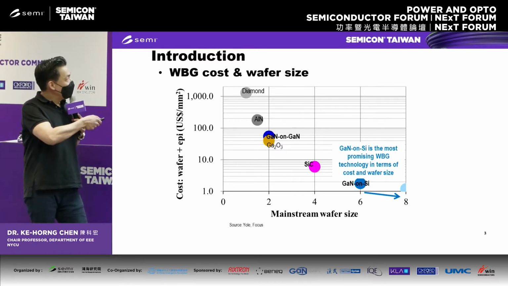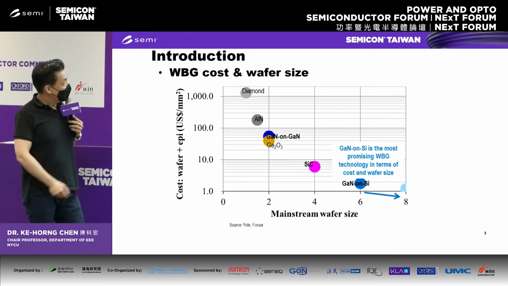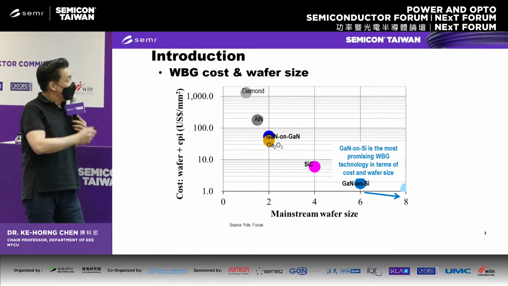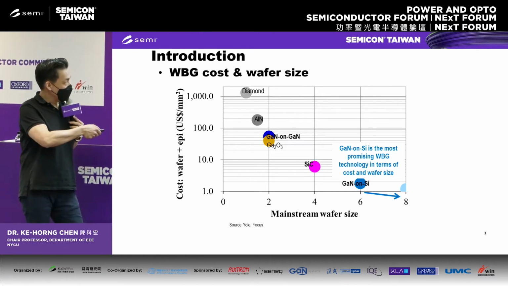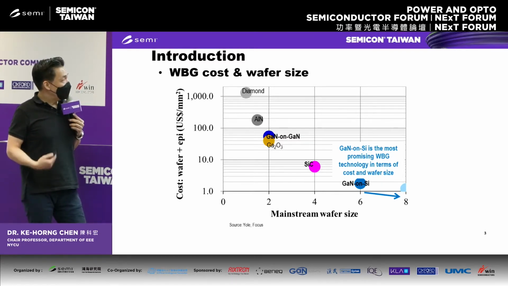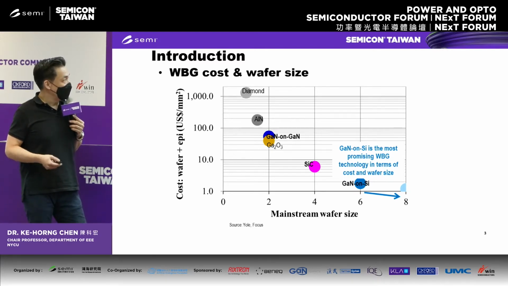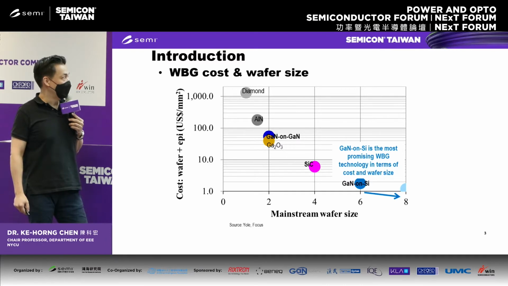For the diamond substrate, it has the highest cost but it has the lowest wafer size. In contrast, for the silicon substrate, it has the lowest price and the largest wafer size. It means that if we have a larger size, the total price will be reduced.